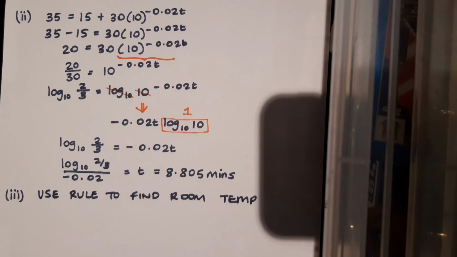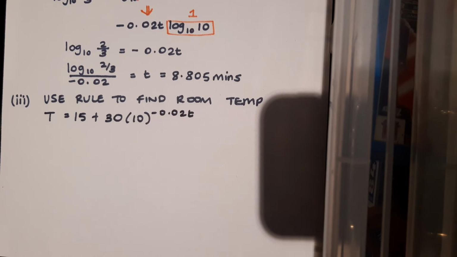If we work on the basis that we've left the bottle for ages, and then we work out the temperature after a really long time, that should give us a good value for our room temperature. So here's my rule. First of all, I'm going to take an arbitrary value for T and see what the answer works out as. Then I'll have a quick discussion about what's happening with the power as T increases and what effect that's having on the rest of the calculation.